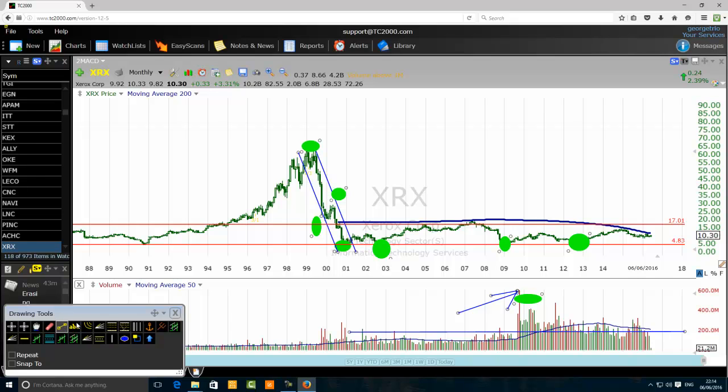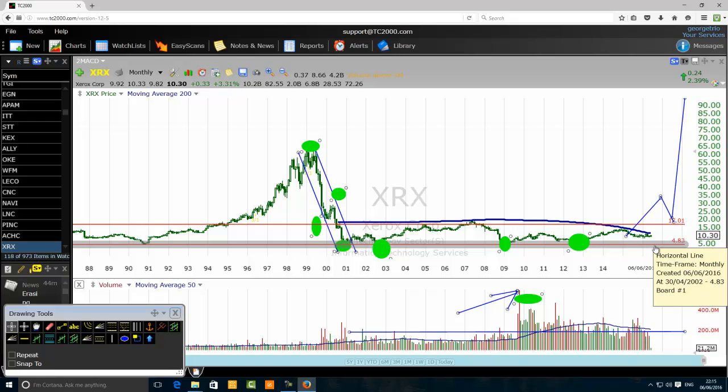On the other hand, if the price breaks above that consolidation, above the level of $17, retests it, and finds support, we can expect a bullish trend, because this is significant trading activity. From 200 million shares being transacted, we have 600 million at the end of 2009, but the price is consolidating.